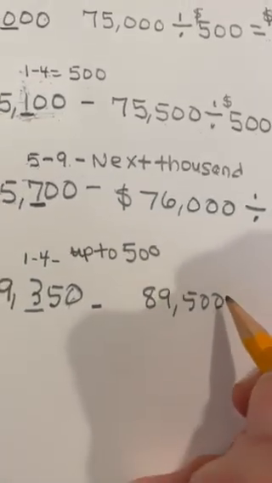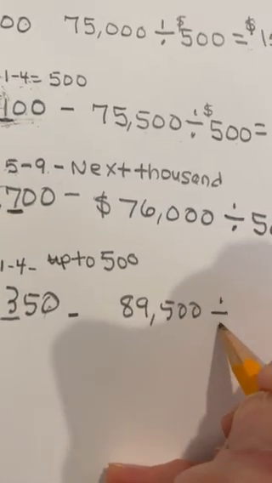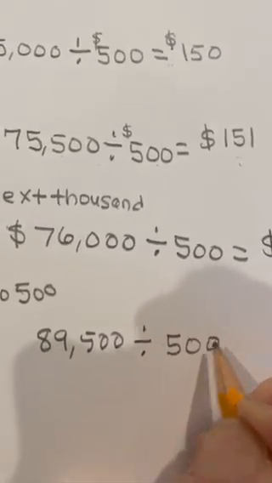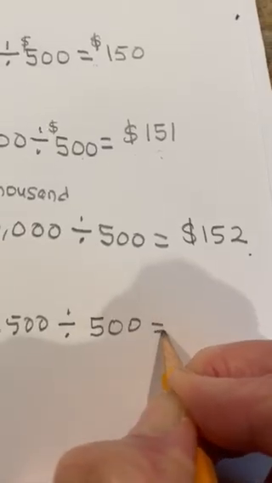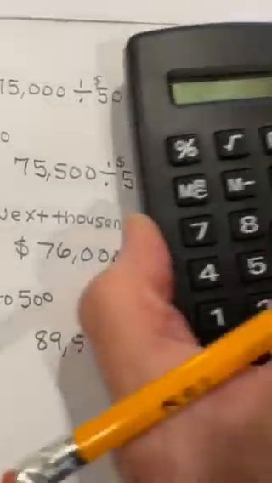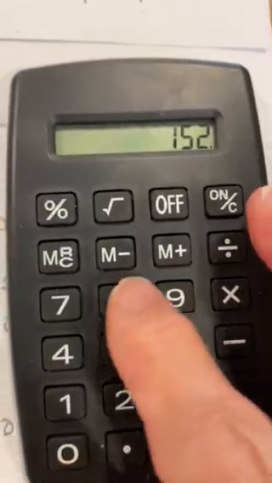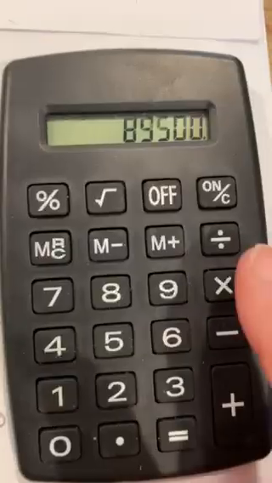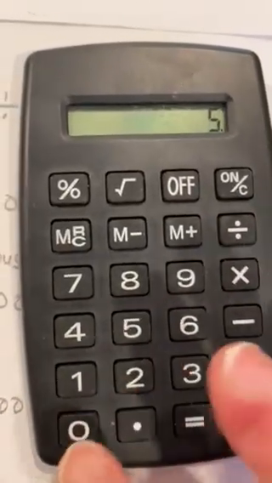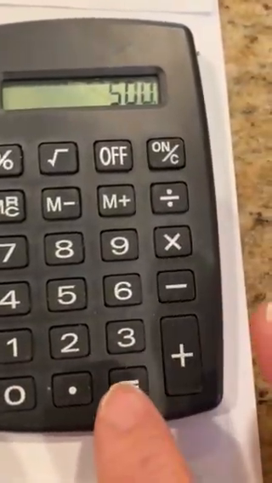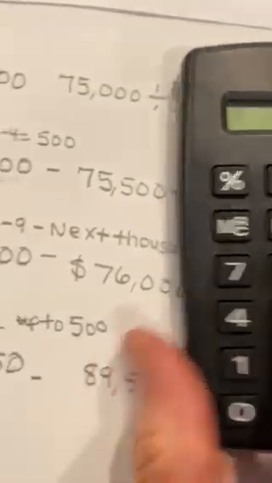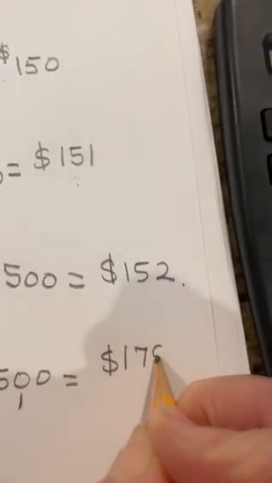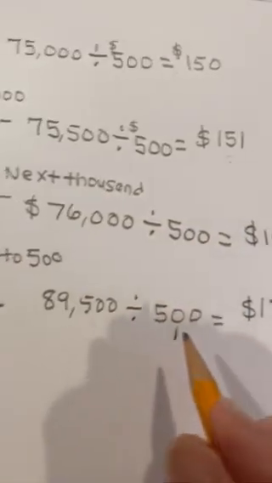So you divide the sale price or the purchase price by 500. Let's do that on the calculator. 89,500 divided by 500 equals $179. $179 is your excise tax or your transfer tax.